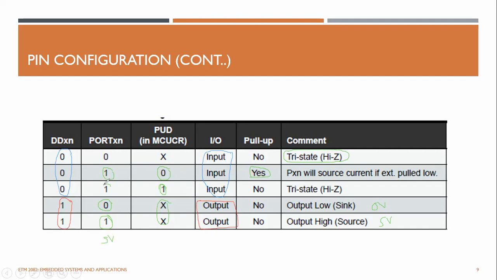Then if you write 1, nothing will happen. The pull-ups will not be enabled because they are disabled. All the pull-up resistors are disabled for the microcontroller. Still, that's a high impedance pin, right?